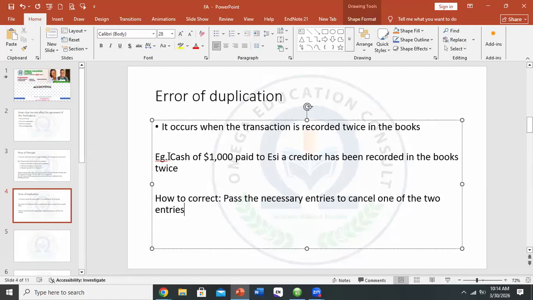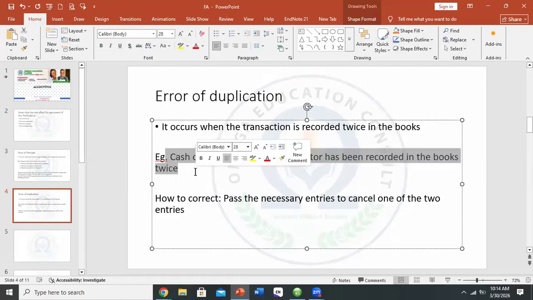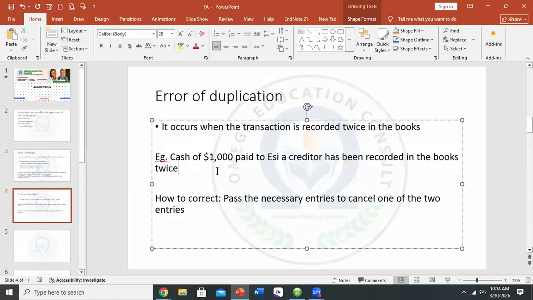Okay, so now we come to the specific. The specific case is that cash has been paid to AC, a creditor, and it has been recorded twice. If you remember the technique I hinted you about, cash paid to AC, this is the transaction. What is the right double entry to pass for this? If you pay cash to AC, you debit AC and you credit cash.